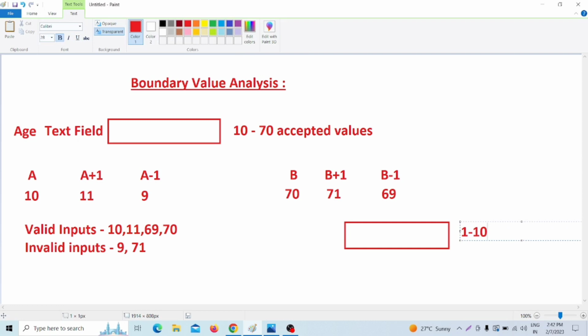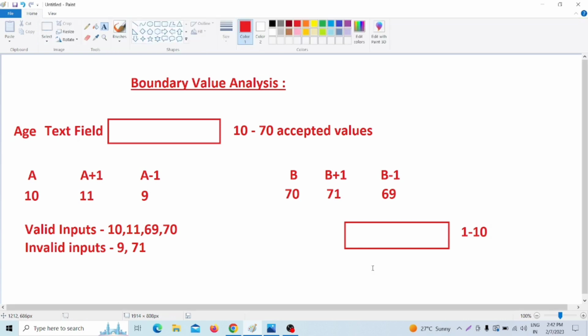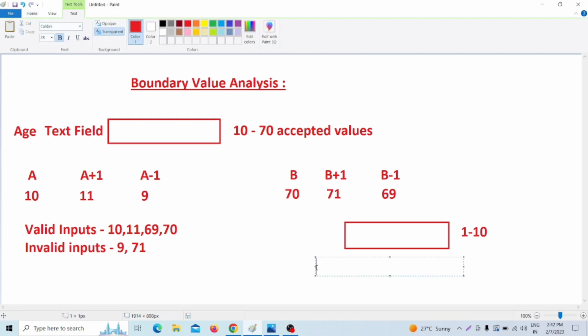So the range should be 1 to 10 to be accepted by that text field. That means whenever we go for the boundary value analysis technique, what should my test cases be? So here also we get 6 test cases. What is the A value? A is 1, and B is 10.